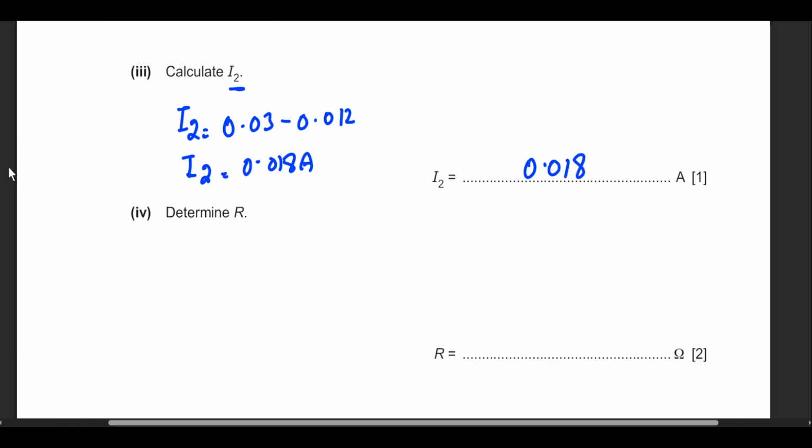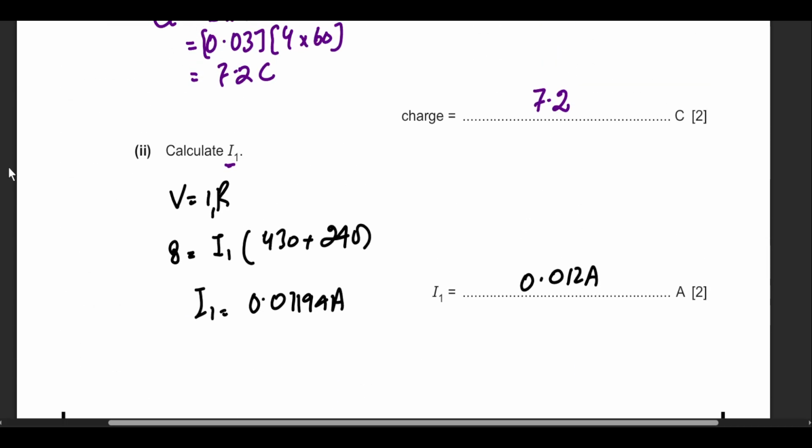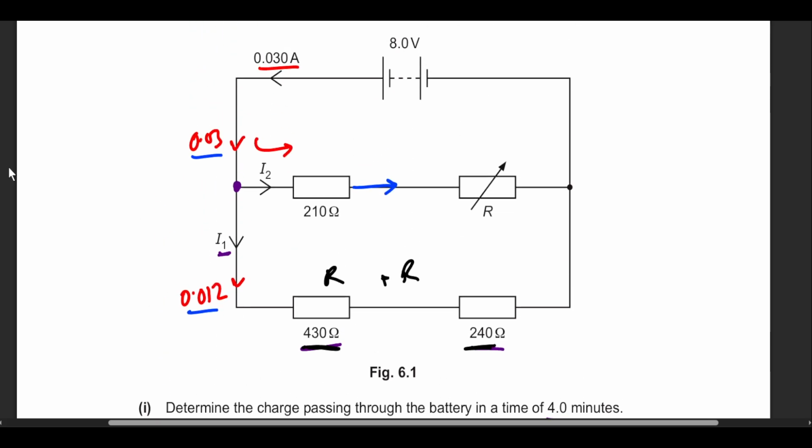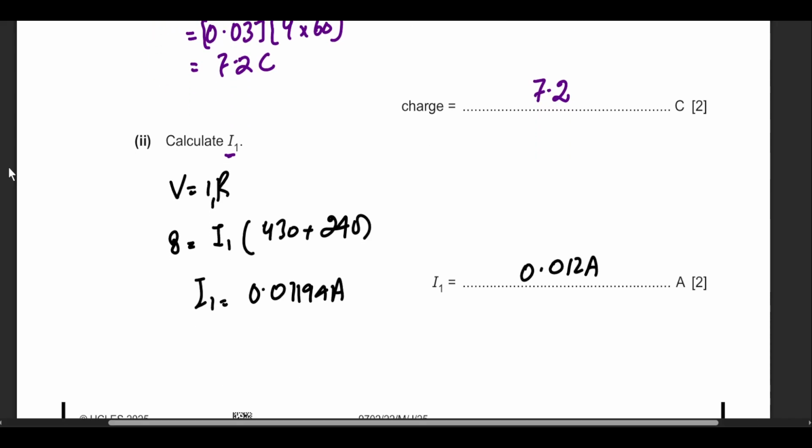And then he's going to ask you about the resistance R, which is mentioned in the first branch, I guess. Yep. So this whole branch has access to 8 volts because it's in parallel. We know the resistance of the first resistor, but we don't know about this one. But we have found that I2 is 0.018. Now this makes our life very easy.